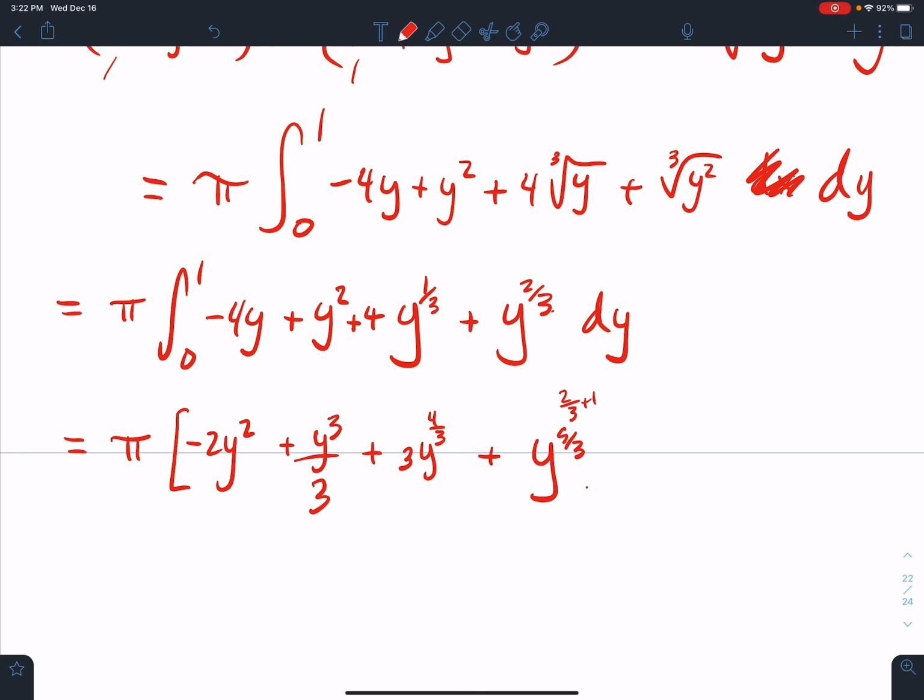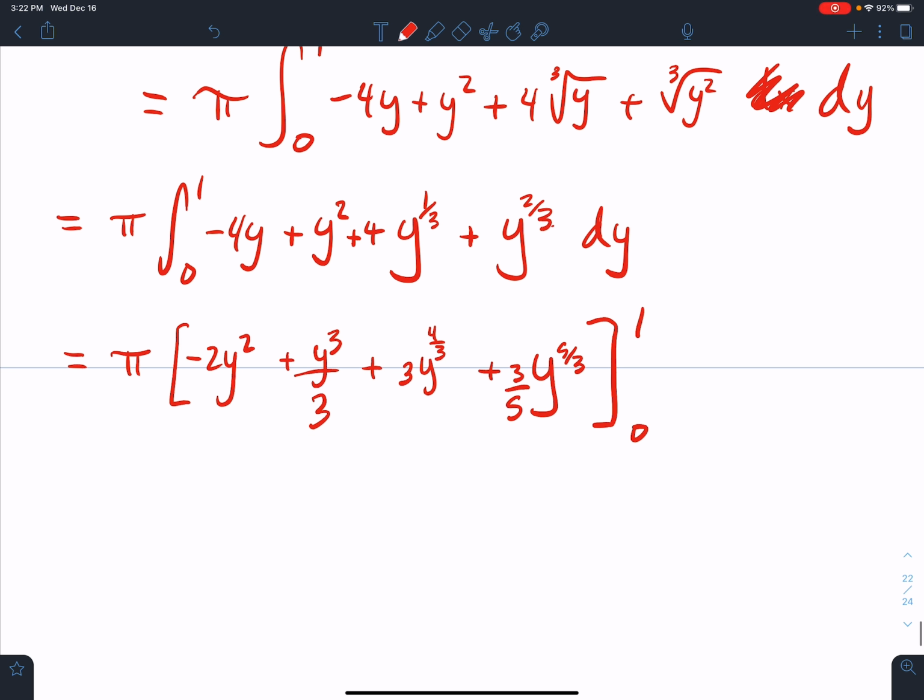And then dividing by 5 over 3 is the same as multiplying by 3 over 5. So don't do this in your head like I just did. Write it out if you're not comfortable doing that, okay? And so when you type in 1, you're going to get -2 plus 1/3 plus 3 plus 3/5.